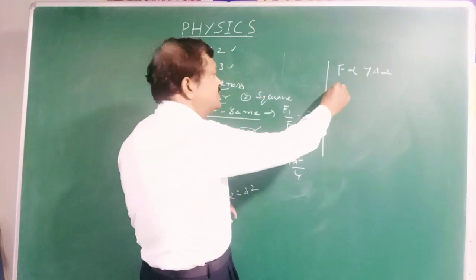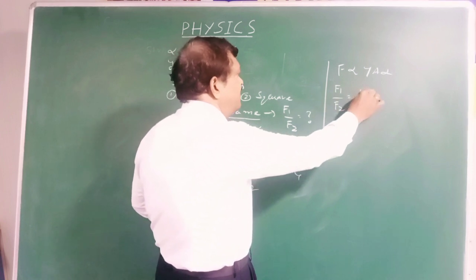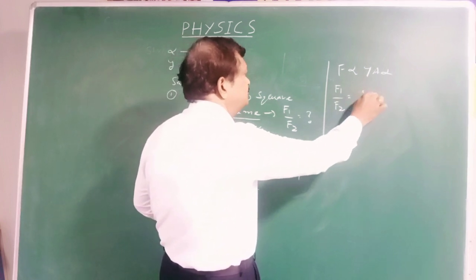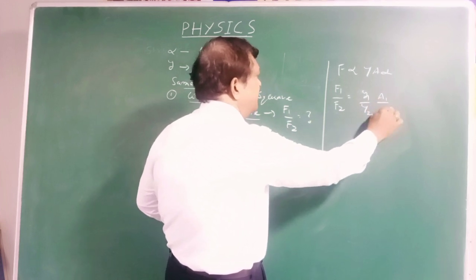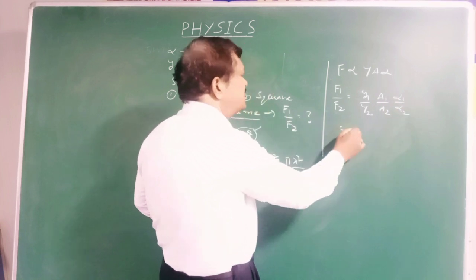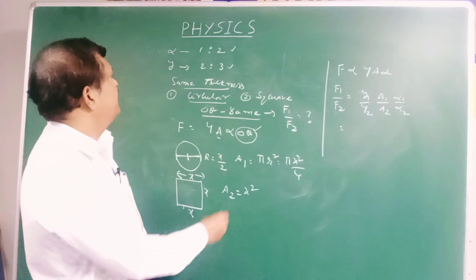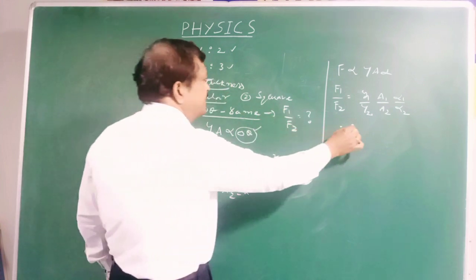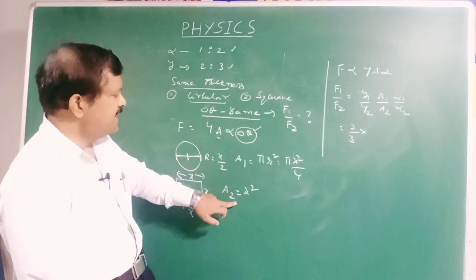So take the values F1 by F2, that is Y1 by Y2 into the area of cross section, the first one A1 by A2, into alpha 1 by alpha 2. Let us take the values. Y1 by Y2, Young's modulus is in the ratio 2:3. Area of cross section A1 by A2 we want.